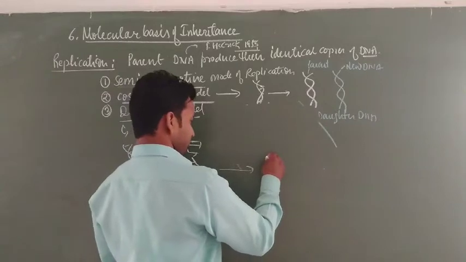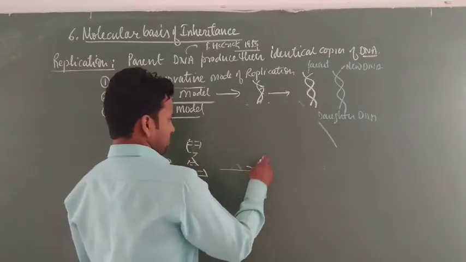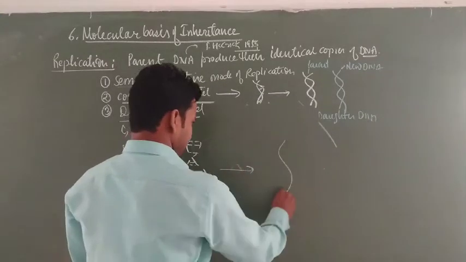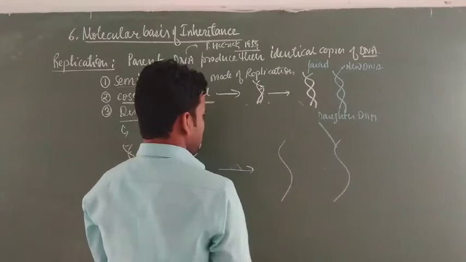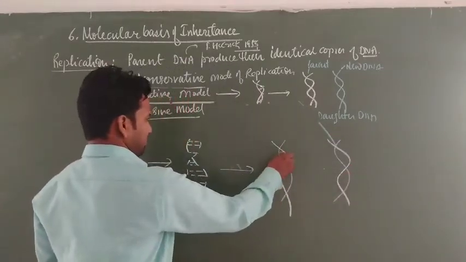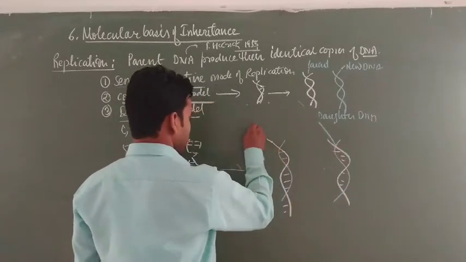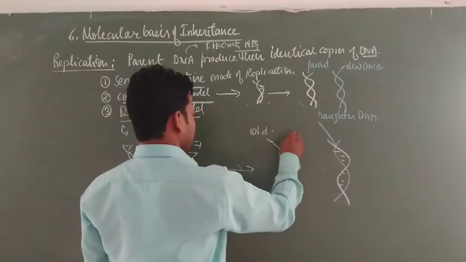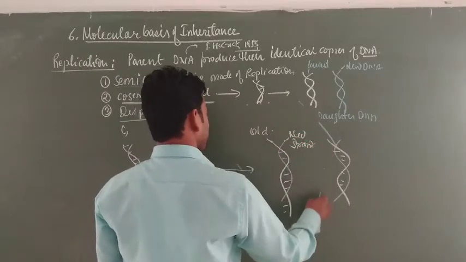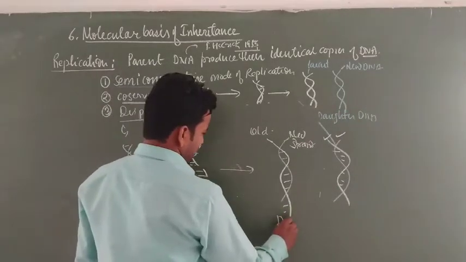But at the time of synthesis, one should be a new strand and one should be an old strand. This one is old and this is a new strand. Same way, old and new strand. This is a daughter DNA.